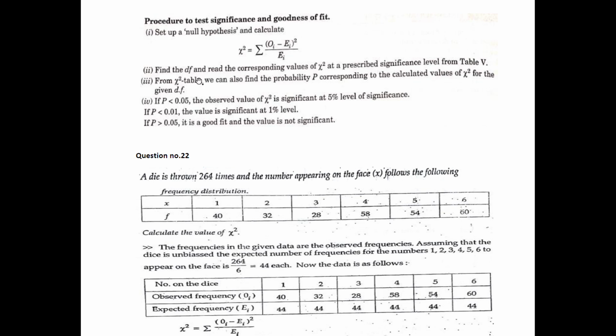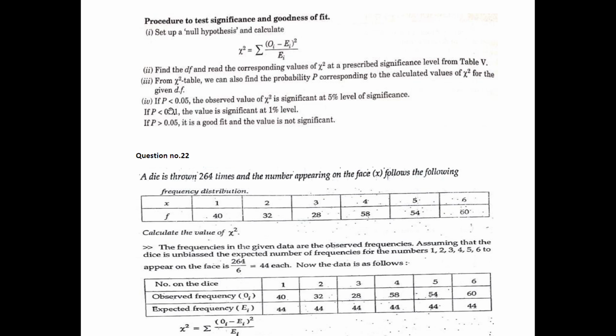Then we find the degrees of freedom and read the corresponding value of chi-square at a prescribed significance level from Table V, which has the values for the corresponding degrees of freedom. From the chi-square table, we can also find the probability P corresponding to the calculated value of chi-square for the given degrees of freedom. And these are the conclusions we can make using that.